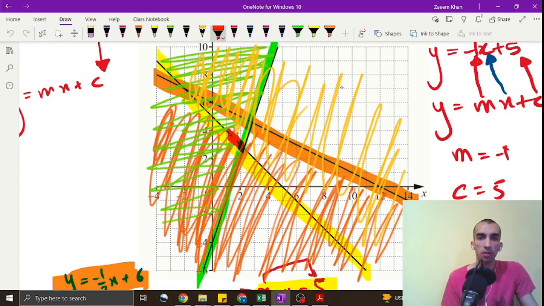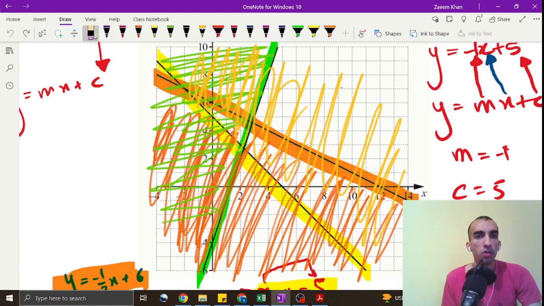Wouldn't this be the region, Rida? I'll erase the red highlighted part and try to spot it. In this region that I just highlighted a little while ago, don't you see green, don't you see orange, and don't you see yellow as well? Right?